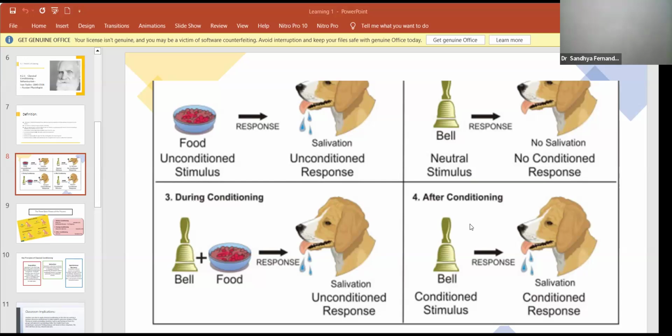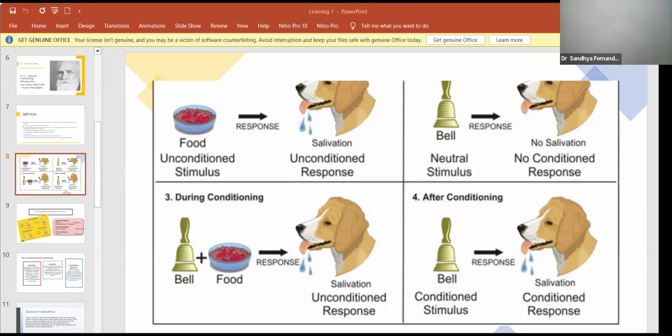So there is new learning that has happened. How did this new learning happen? Very simple. The neutral stimulus bell is associated, bonded, or paired up with the unconditioned stimulus repeatedly for some time.